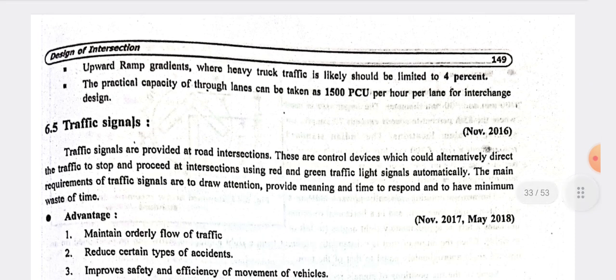Upward ramp grade where heavy truck traffic is likely should be limited to 4%, and the practical capacity of through lanes can be taken as 1500 PCU per hour per lane in interchange design.